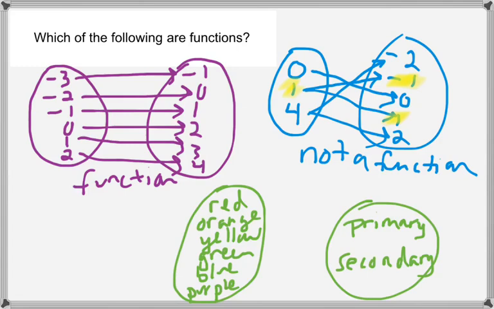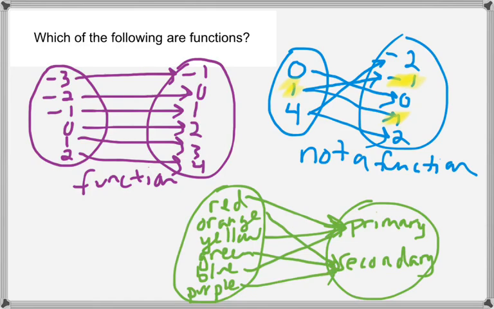So we're going to map each color to the appropriate word, whether it's a primary or a secondary color. So let's determine if this relation is a function. So we're looking at each input and deciding if it's mapped to exactly one output.